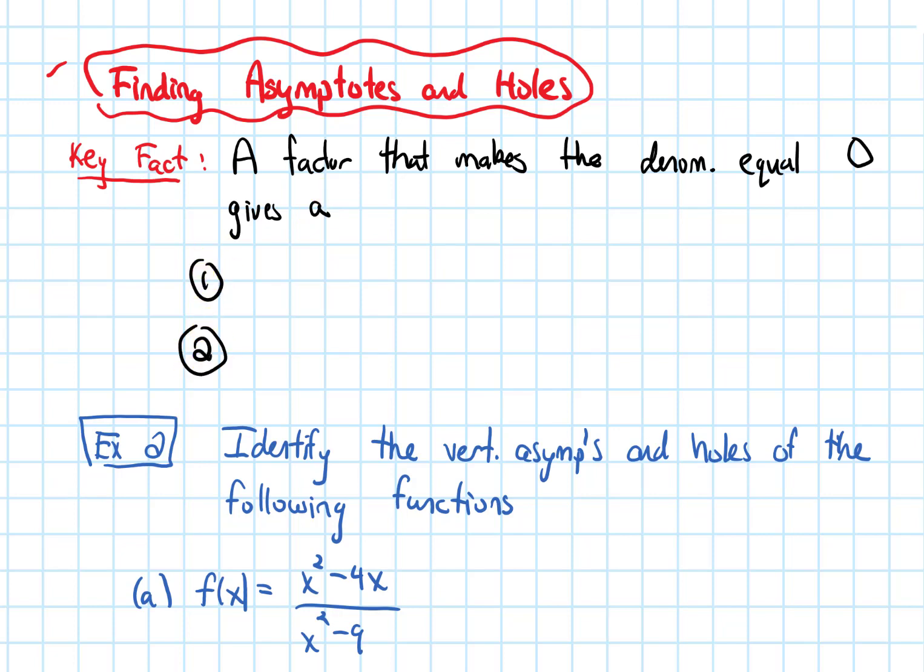Sometimes it can give us a vertical asymptote if it does not cancel completely.